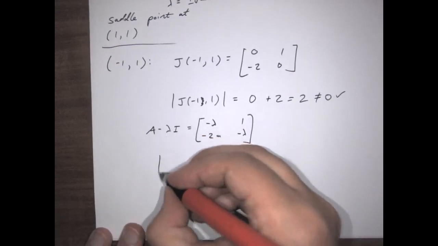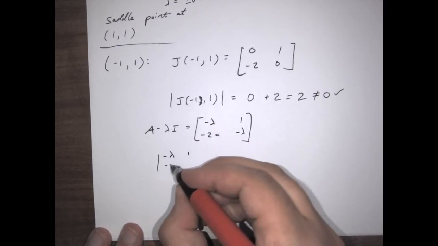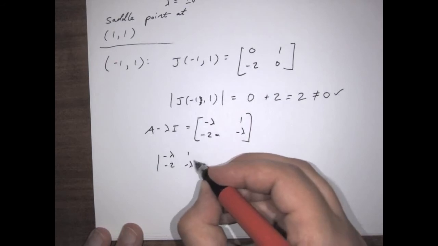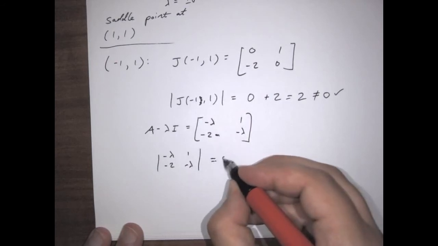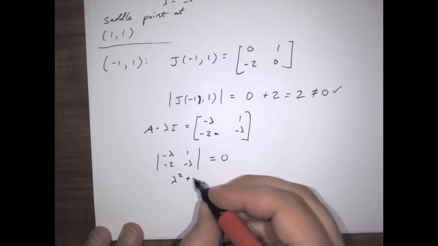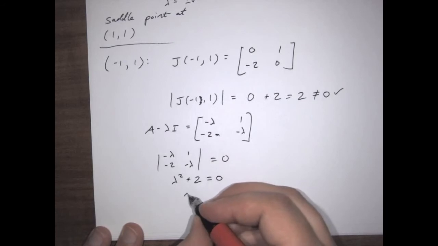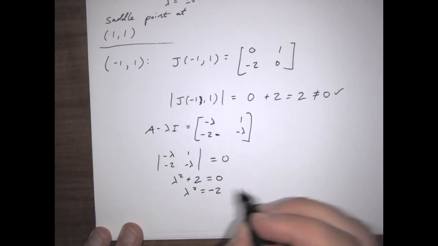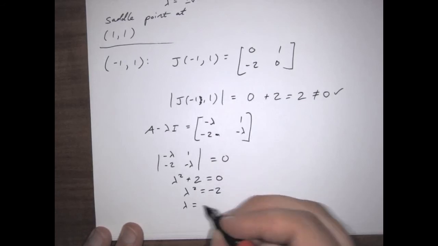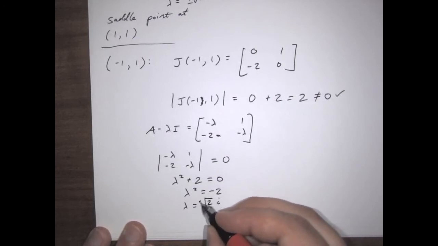And so then, take that, negative lambda, 1, negative 2, negative lambda, and set that equal to 0. Take the determinant: lambda squared plus 2 equals 0, which means that lambda squared equals negative 2, which means that lambda equals root 2 times i, plus or minus.